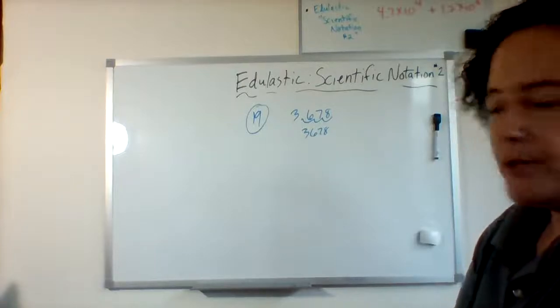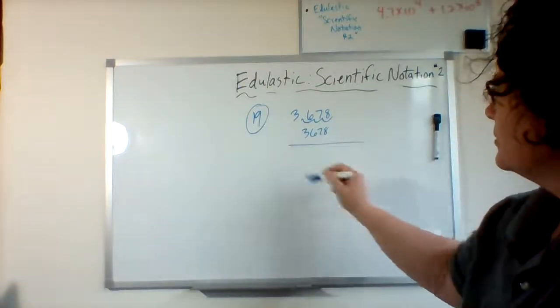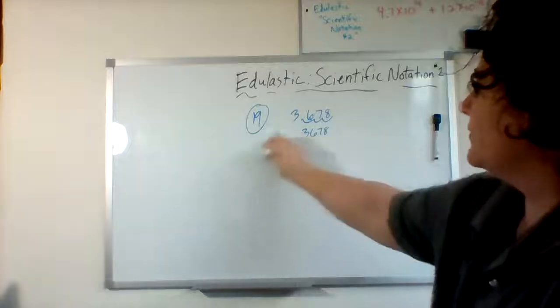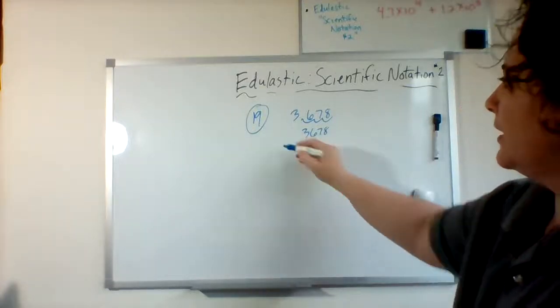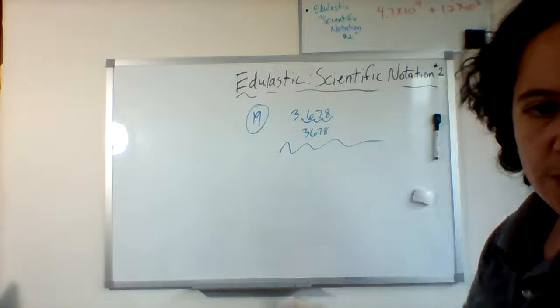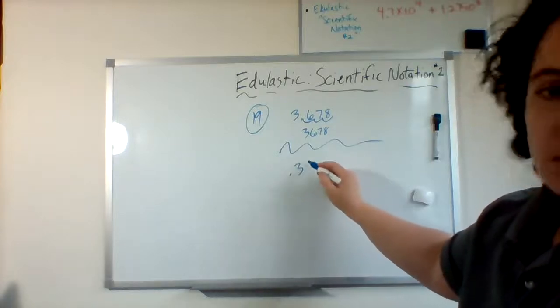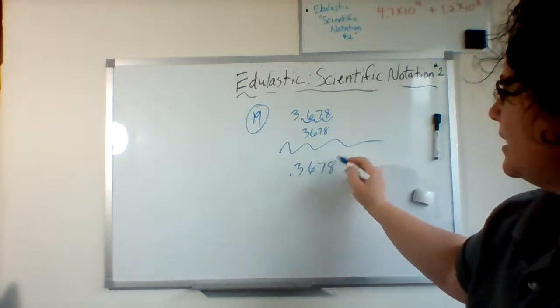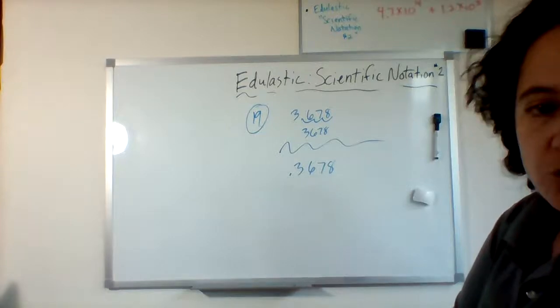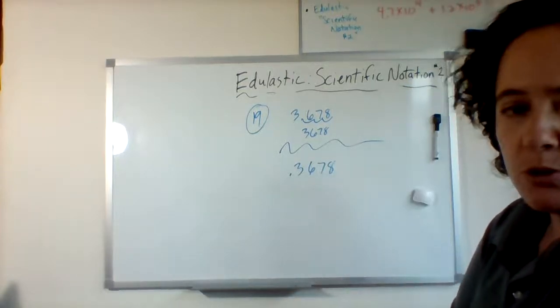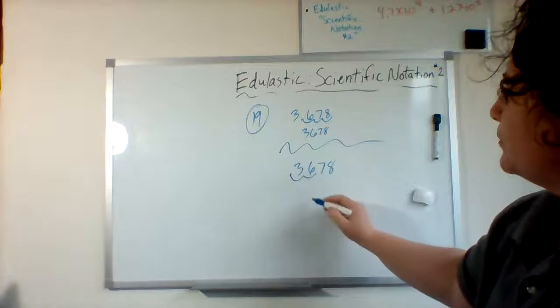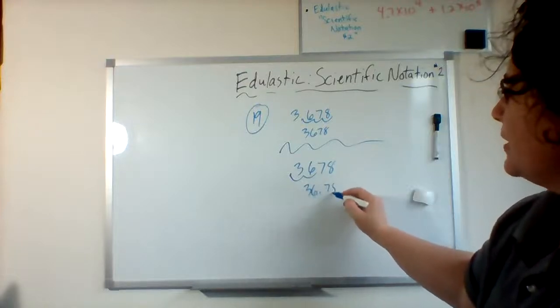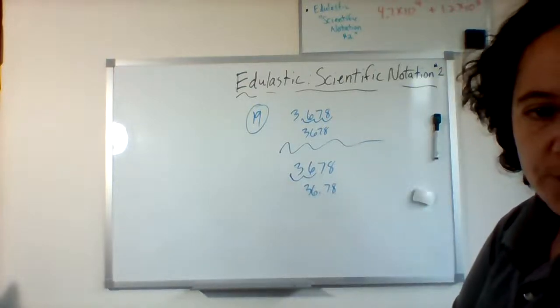The next one after that, I don't want you guys to think I'm dividing or anything, so how about a squiggle? 0.3678 times 100. 10 squared is 100, so we're going to be moving the decimal 2 places, so 36.78 is the one you're looking for there.